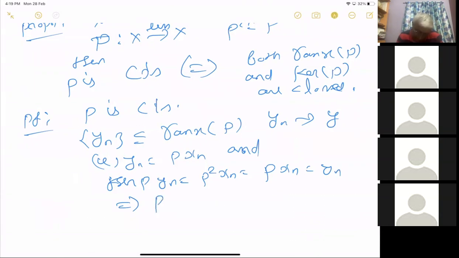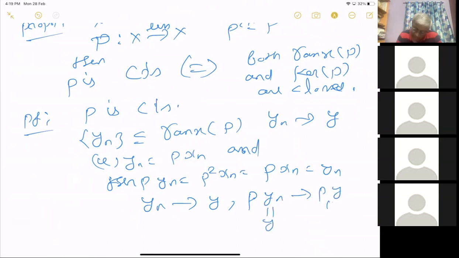If we assume P is continuous, P of yn converges to P of y, and these are all equal to yn, and yn converges to y.